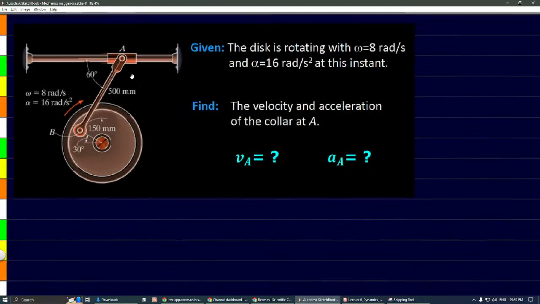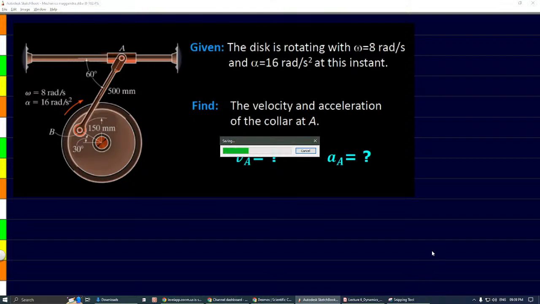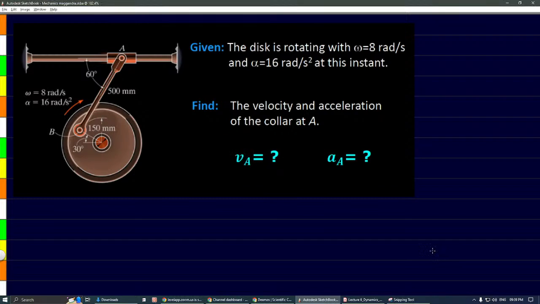The disk is rotating with omega 8. Alpha is this much. Velocity and acceleration of collar at A. Both also angular velocity and angular acceleration, right, sir?